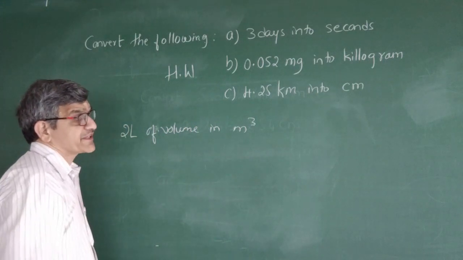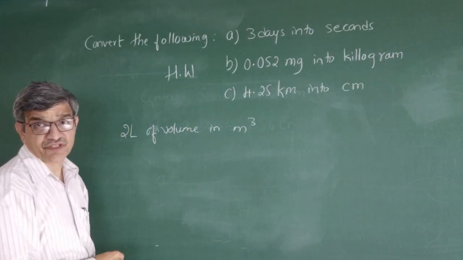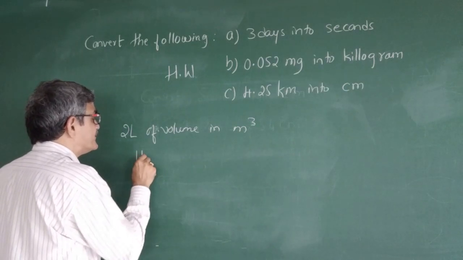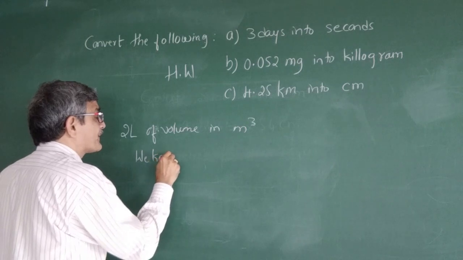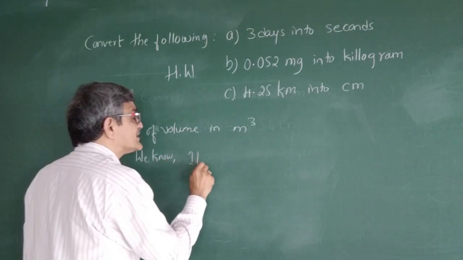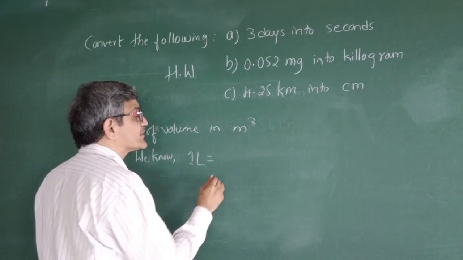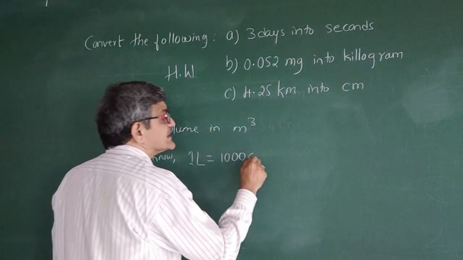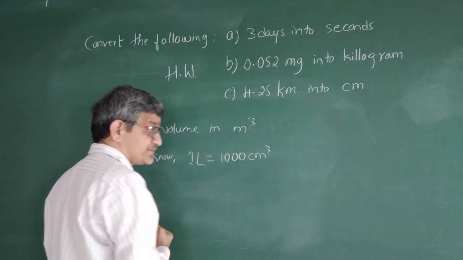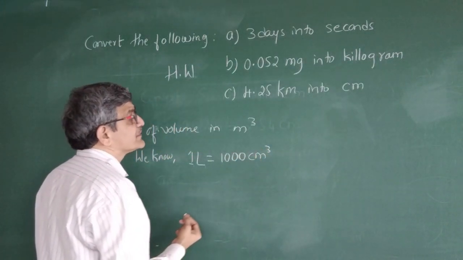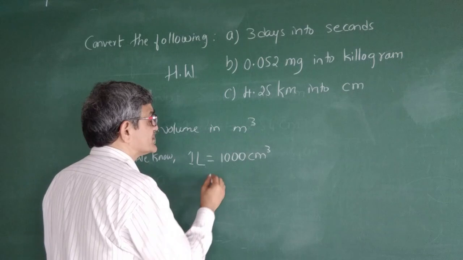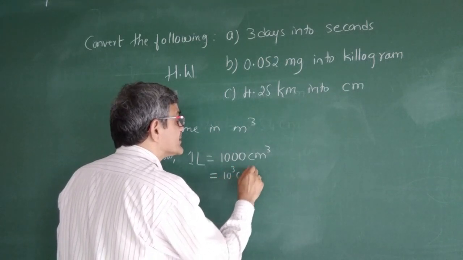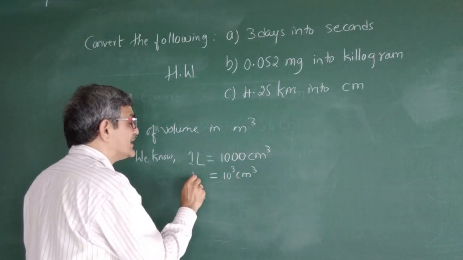It is in meter cube. Okay, I will work out on this. So for that now, we know 1 liter equal to how much? 1000 centimeter cube. Okay. 1 liter equal to 1000 centimeter cube, or that is nothing but 10 raised to 3 centimeter cube. Okay. So this is 1 liter.